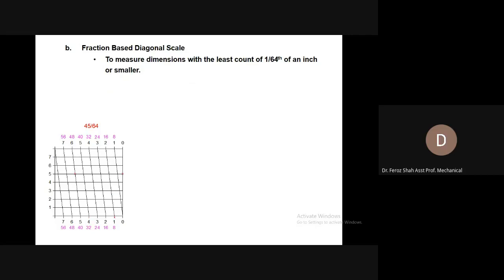For example, this one is showing 8 equal divisions, as I have told you. Up to this, 1 by 8 has been further divided into 8.